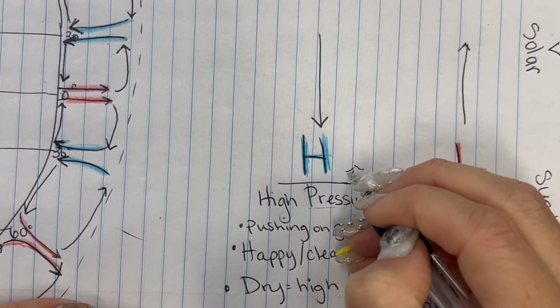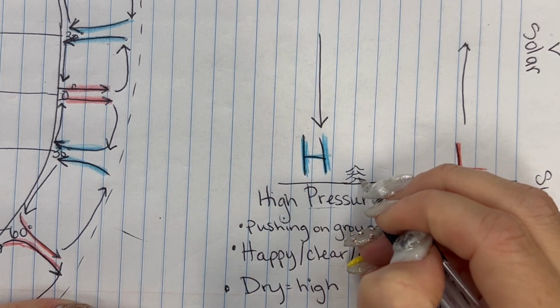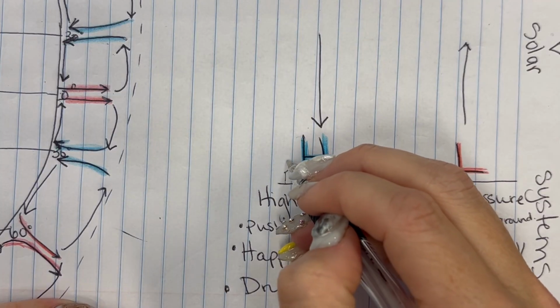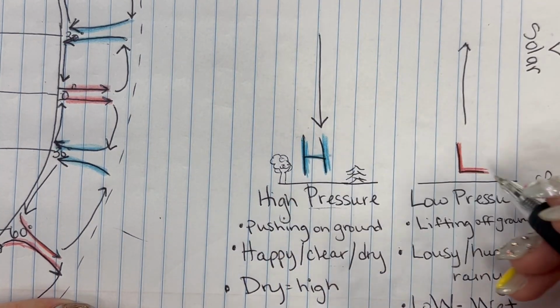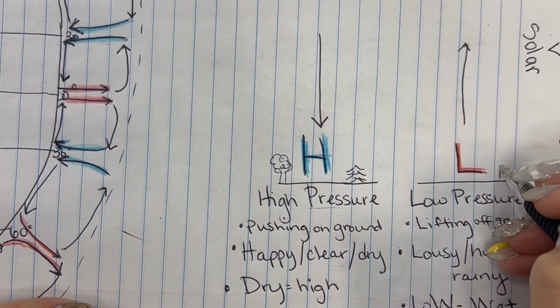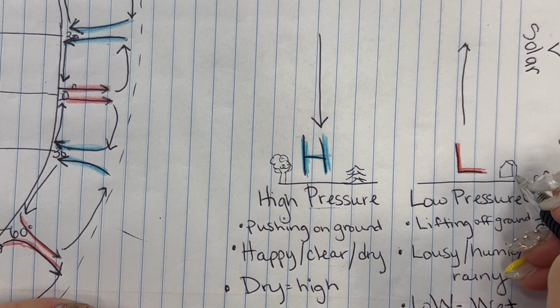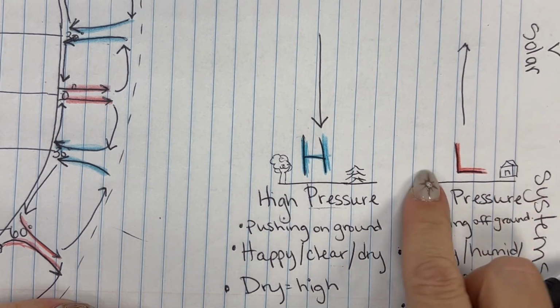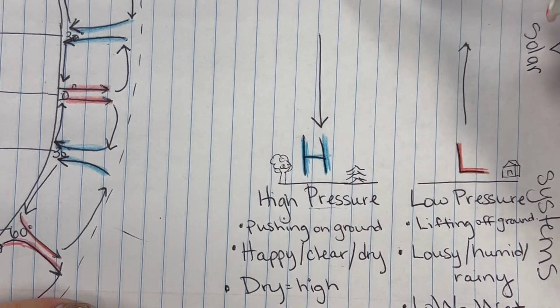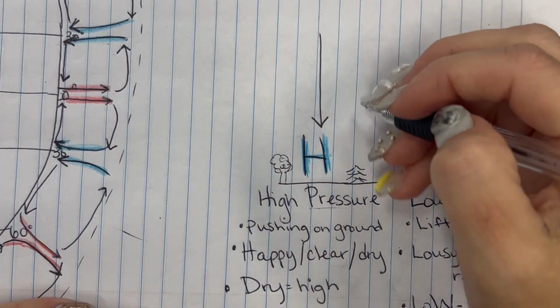So here's some trees. Here's our trees. Maybe we have a house. This is the ground. So this is how large these pressure systems are. This is moderately to scale, not perfect, but you get the idea.